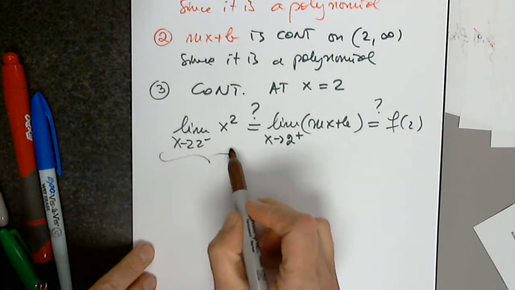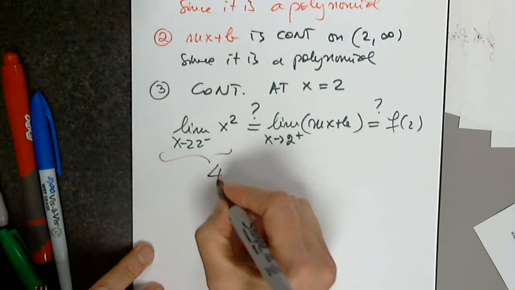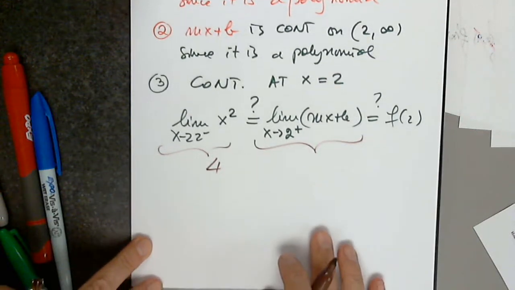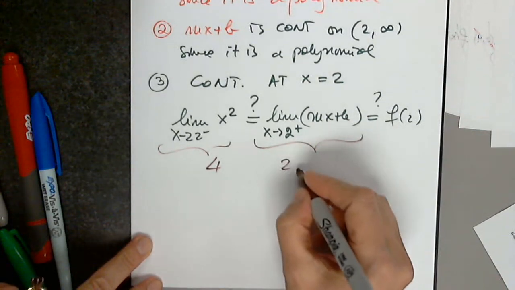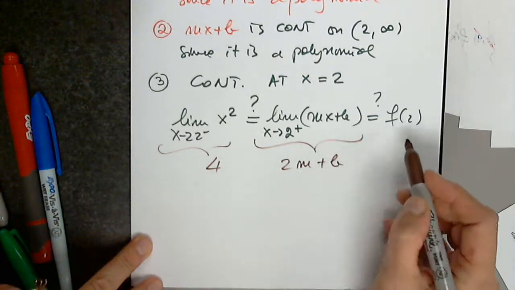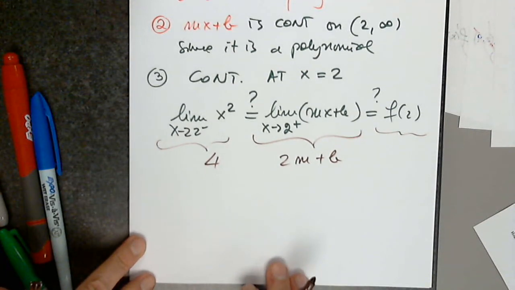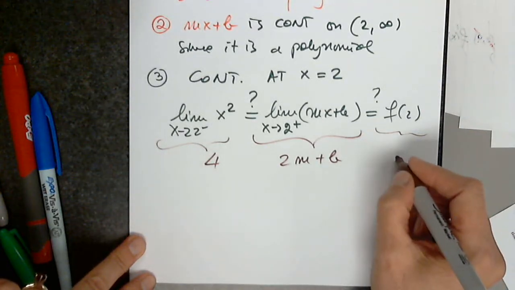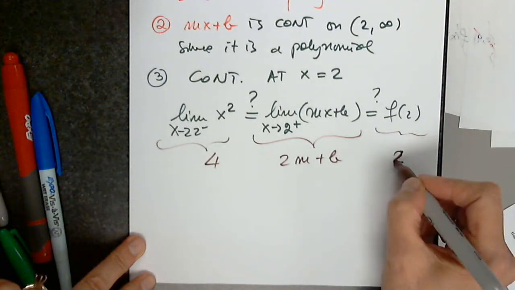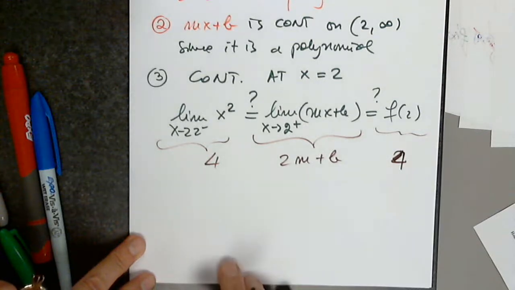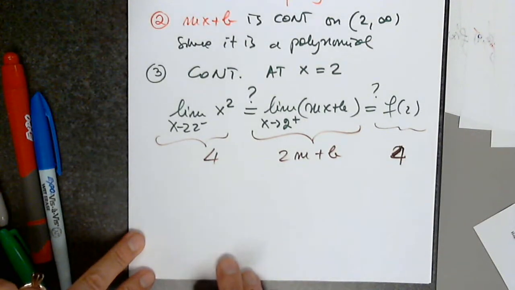How much is this? Excellent. 2m plus b. Very good. How much is this? 2. 4. Very powerful. Ian is very powerful tonight. If he says 2, I write 2.